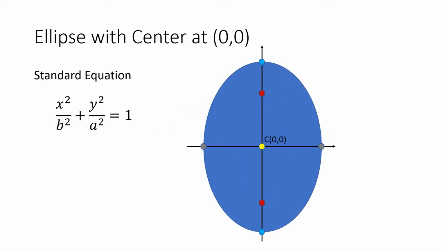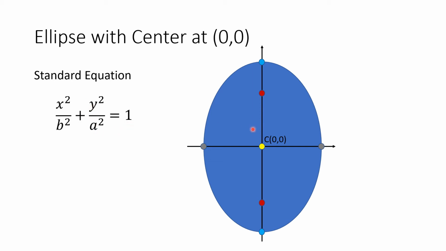For ellipse, which has a minor axis, which is the x-axis, and the major axis is the y-axis, and again the center is at 0, 0, the standard equation will be x squared over b squared plus y squared over a squared equals 1.